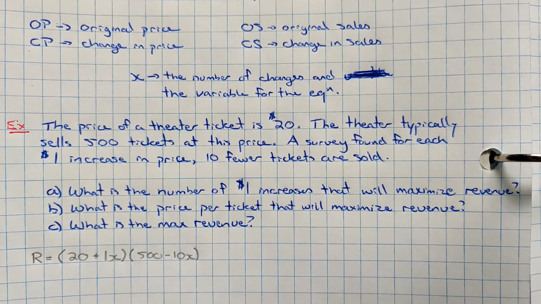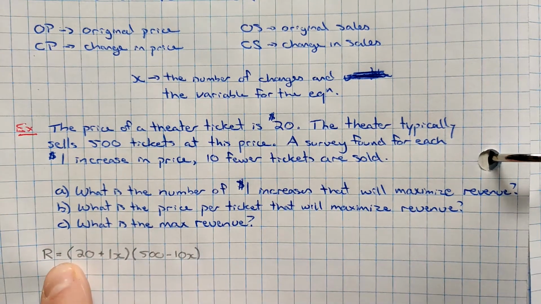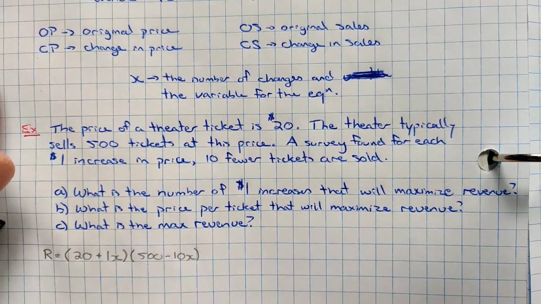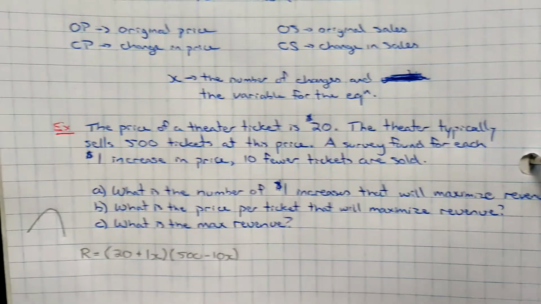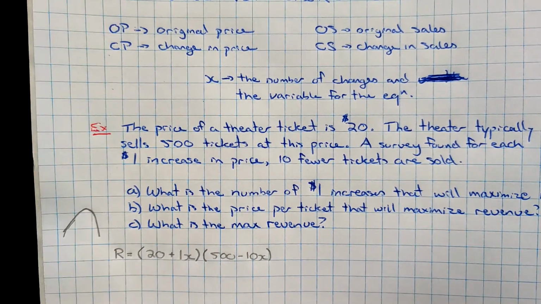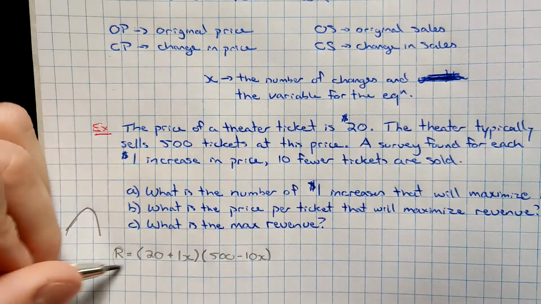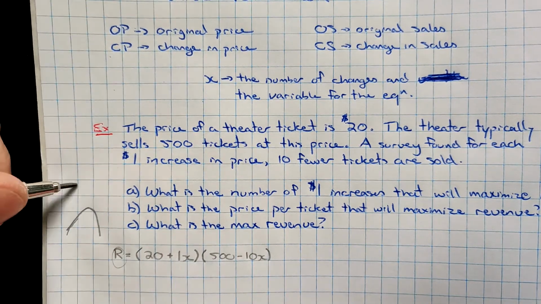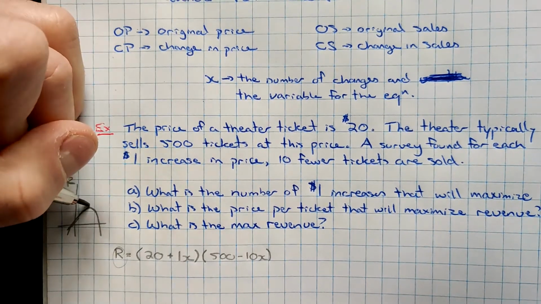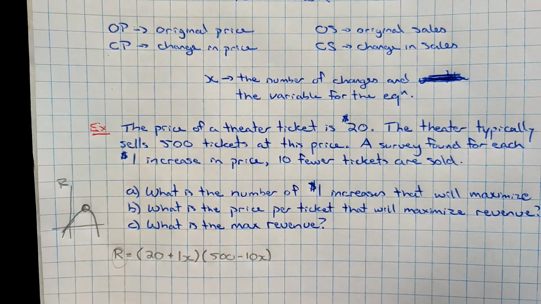Now that's a quadratic equation. The A value is positive, so we know we're going to have some sort of graph looking like this. We're not sure where the axes are, but it's going to look like this. Meaning that the revenue, which is going to be on the y-axis, will maximize at the vertex.